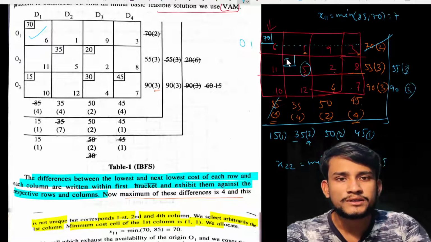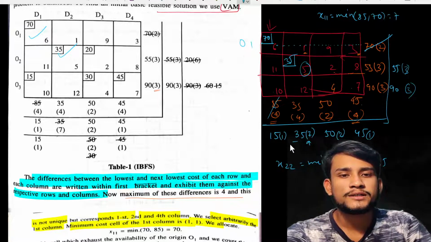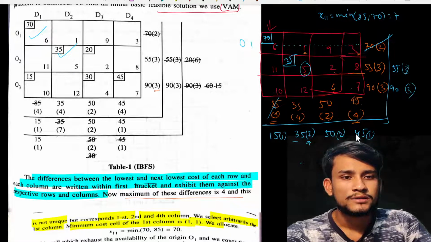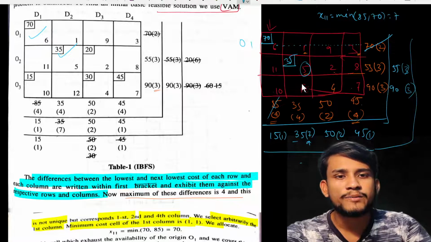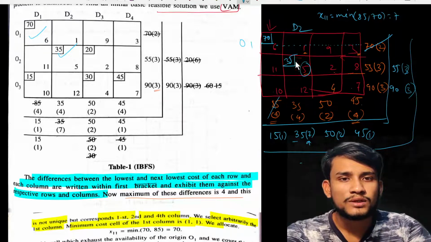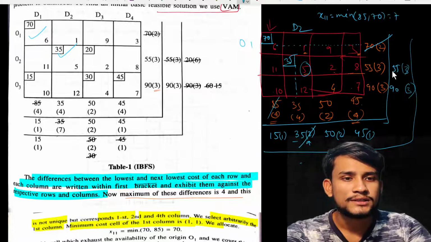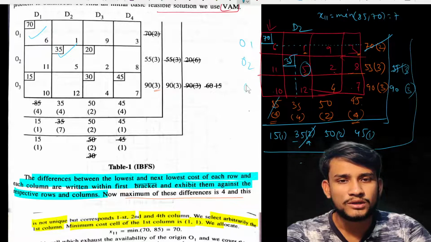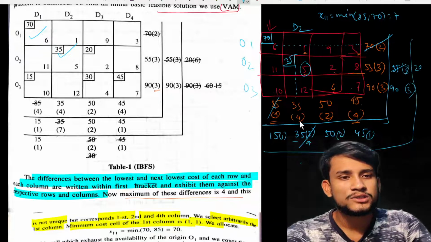So we allocate 35 here. Now the demand for D2 is exhausted, so we cut it, and the remaining supply from the origin O2 is 20 units.